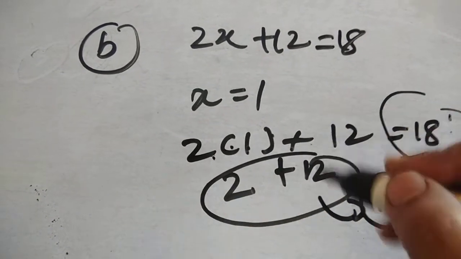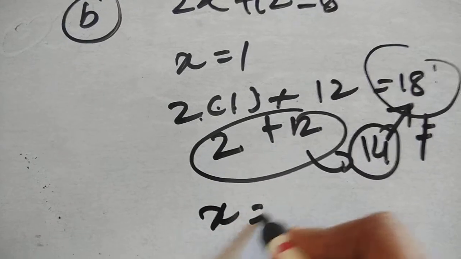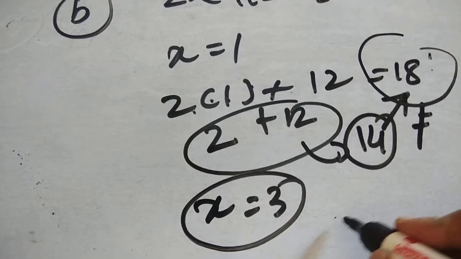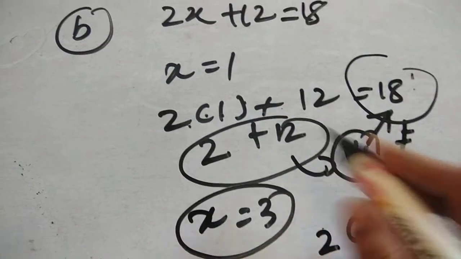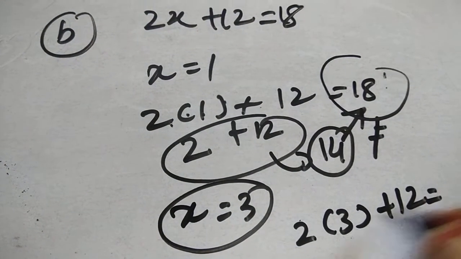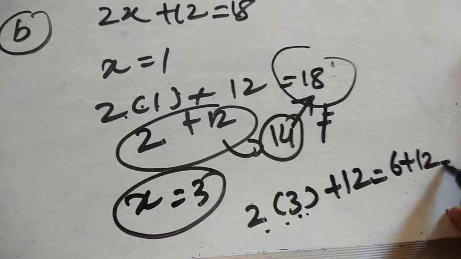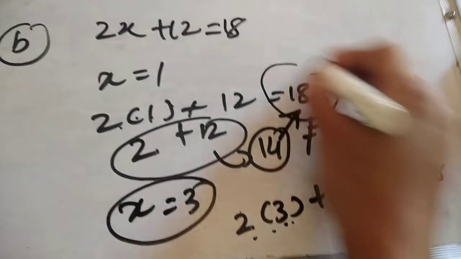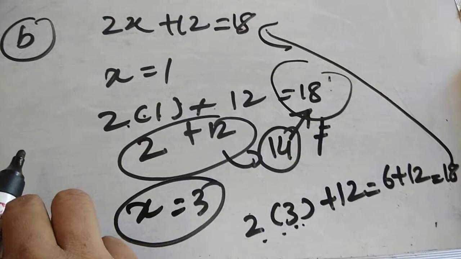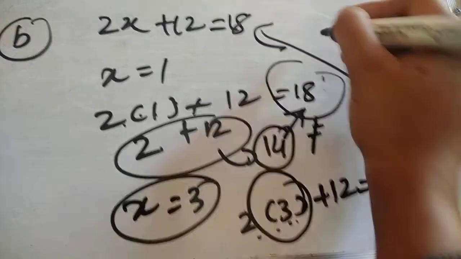So we put the values 2, 3, 4. If x equals 3, then we put the value here. It becomes 2 threes are 6 plus 12, which is 18, and this satisfies the condition. So the value of x is 3.